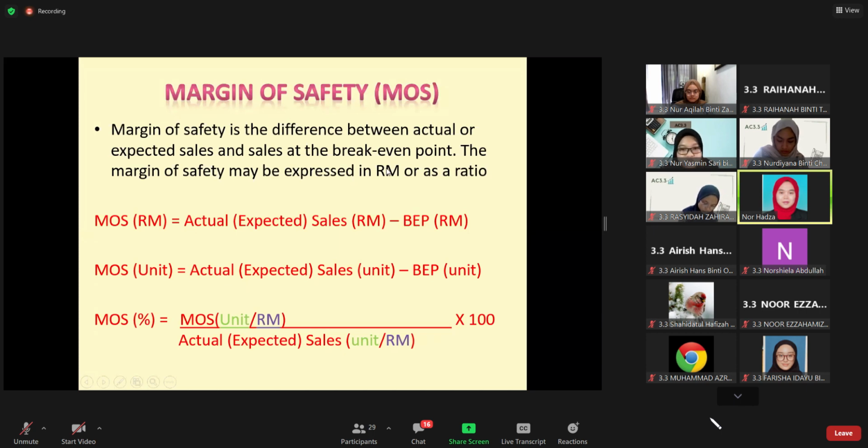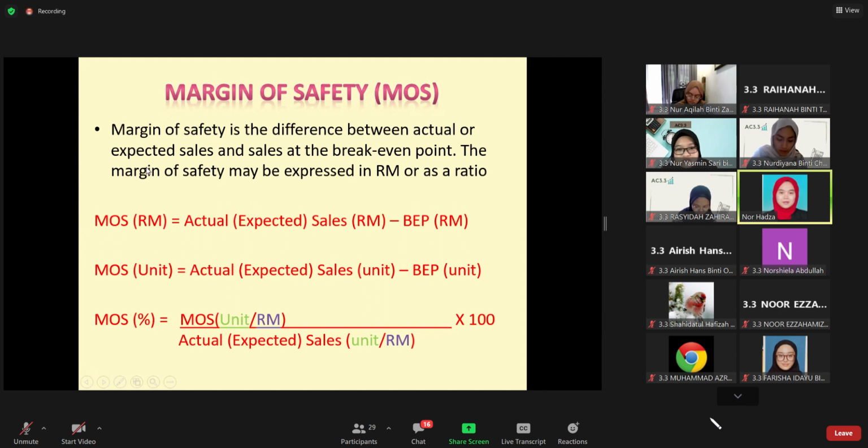This is the amount by which you are allowed to reduce your sales before you make a loss. It can also be expressed as a percentage, which is the percentage by which you are allowed to reduce the sales before making any loss.